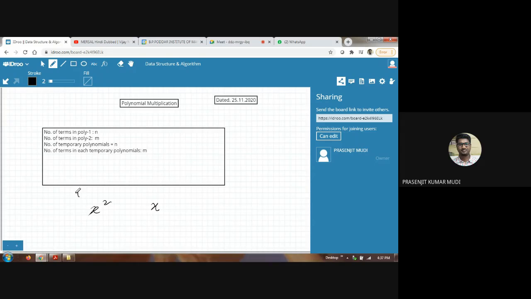So this is represented by t1i, and this is t2j. It consists of two parts. Its coefficient is 1, its exponent is 2. Its coefficient is 1 and its exponent is 1. So this is your c1i, and this is exp1i.